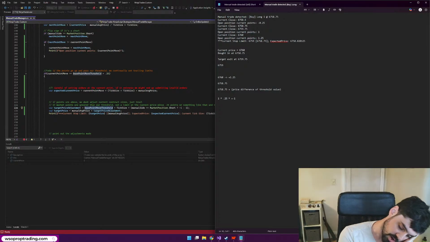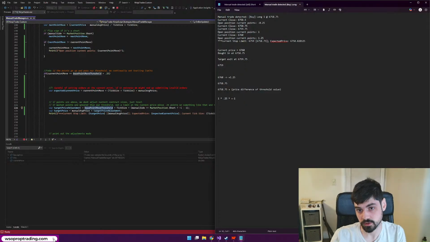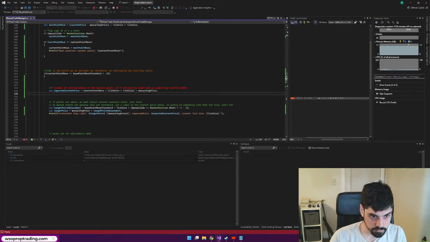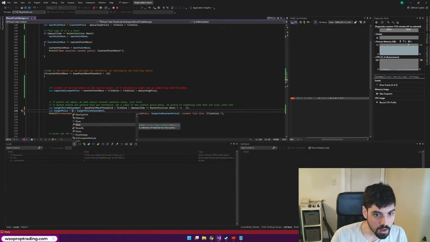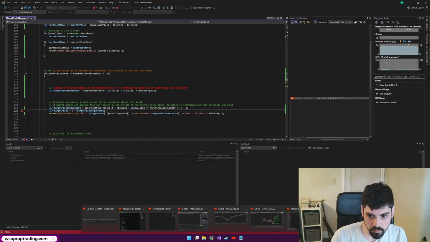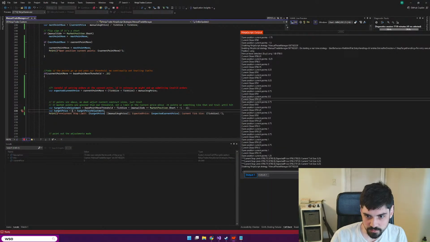If we just take the current price and we adjust it to set it below that, as long as the current price is a positive number of points that we want, that should work fine. So let's actually just do that. So the target price is actually going to work off close. Wait, what was my expected current price? Kind of close.